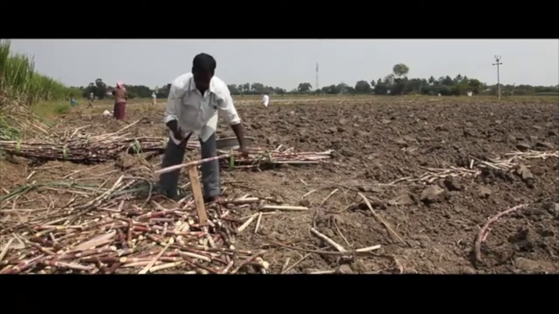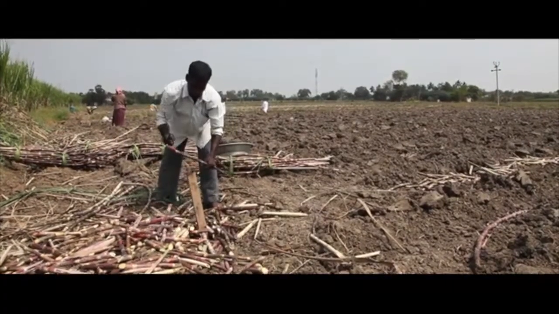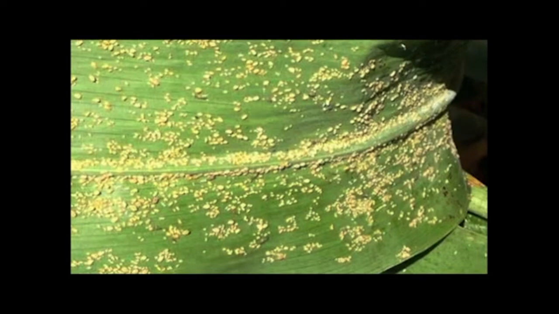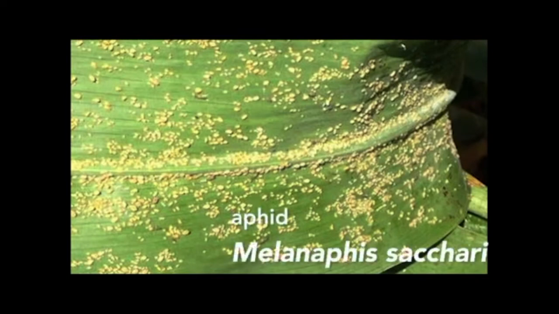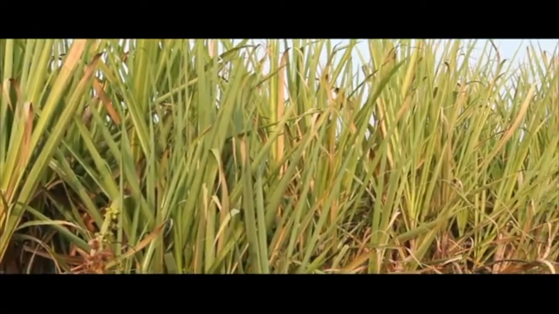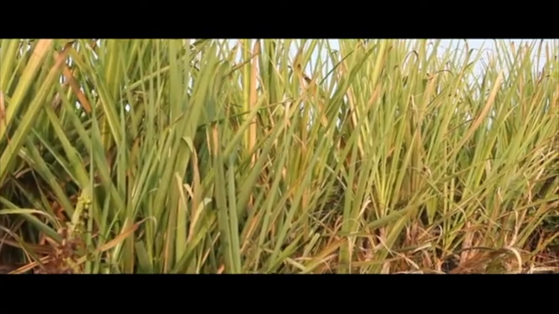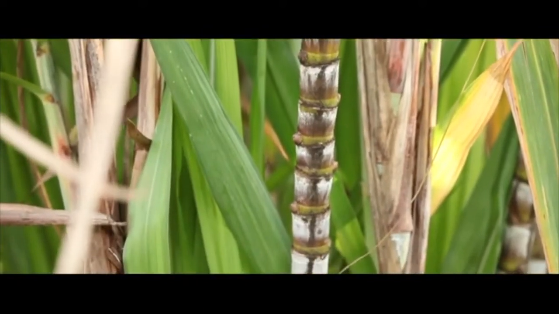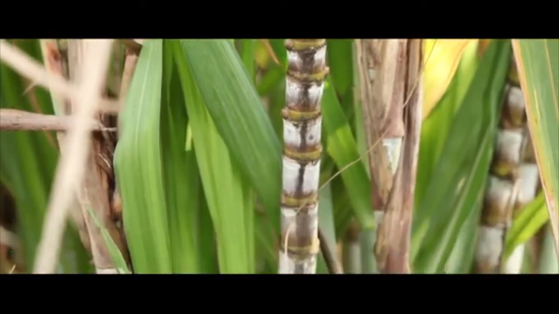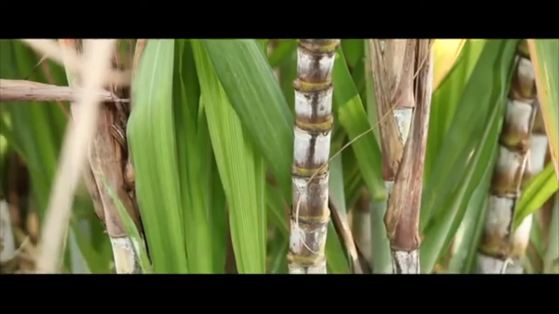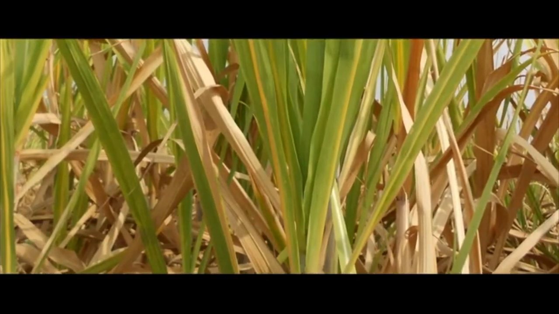The disease is transmitted through infected sets, and secondary transmission takes place through the sugarcane aphid Melanaphis sacchari. The disease expression is influenced by various biotic and abiotic factors. Increased severity of the disease leads to restriction in internode elongation, causing the leaves to appear bunched up.